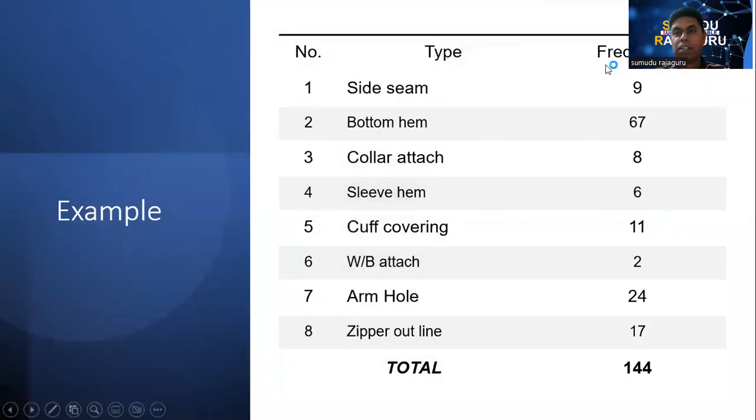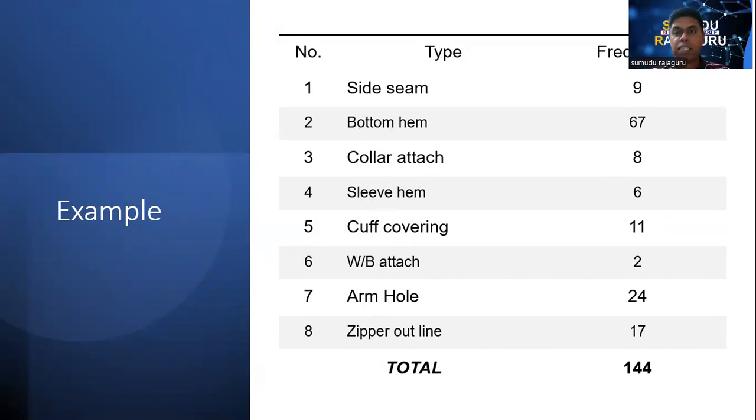You can see, okay, this is an example. Here there are some causes, and frequency is also given. This is related to the apparel industry, but don't worry. You can think of this as some issues. This is the frequency: how many times did that issue happen?